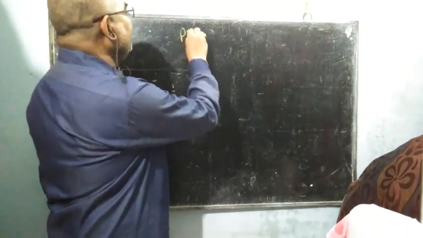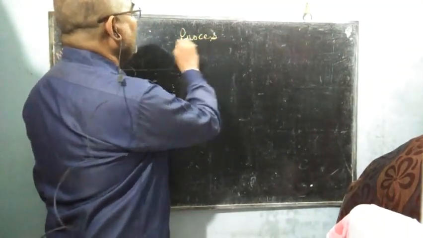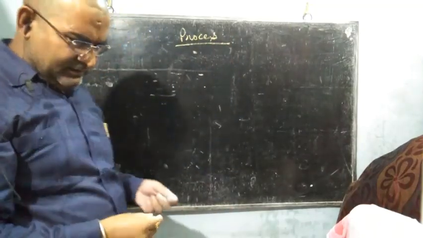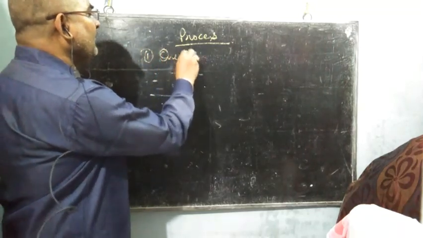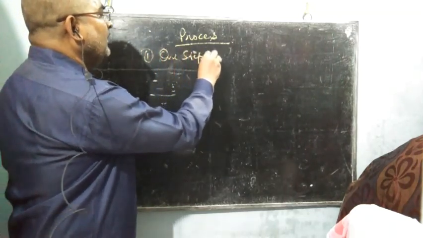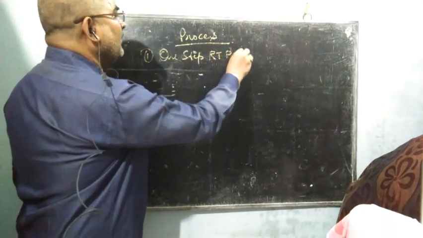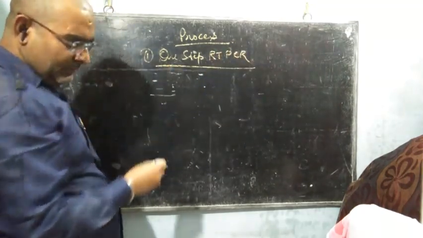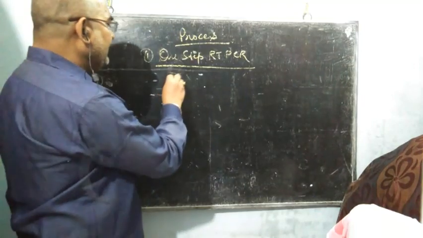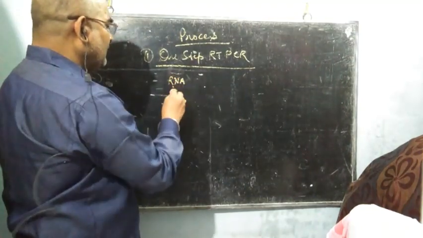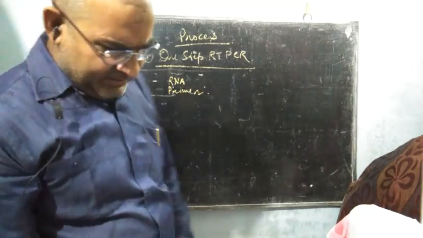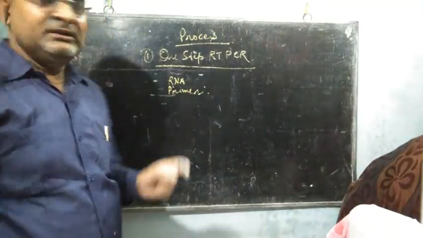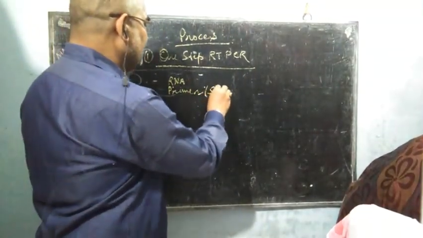If you observe the process, it is simply the one step PCR. In one step PCR we use RNA, primer, and here the primer is sequence specific.